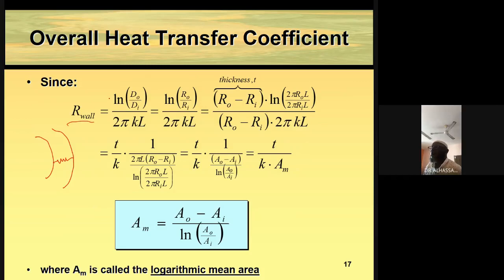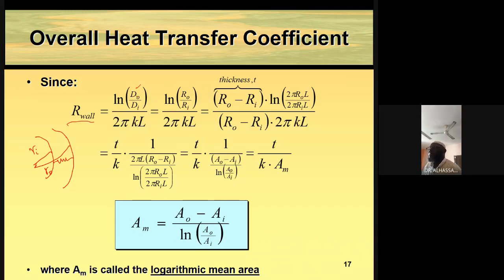And then R wall is given by, so here we have the inner radius and the outer radius, like this. So this is RI, and this is RO. It is the log of the outer diameter divided by the inner diameter, divided by 2 pi KL. This we already derived in the previous lessons.